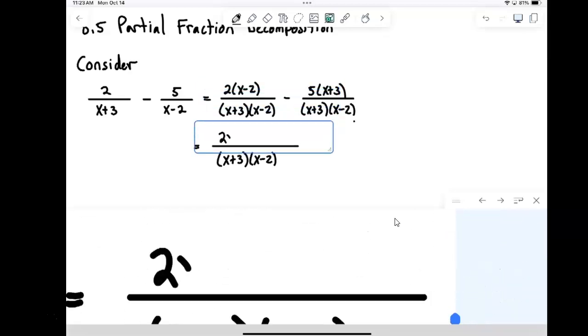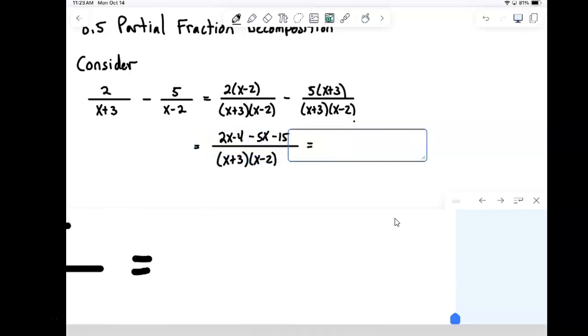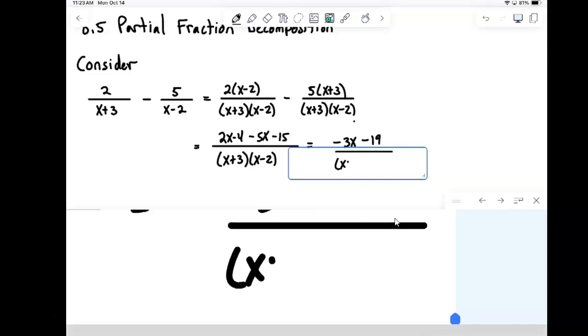We have 2x minus 4 minus 5x minus 15. Okay, and so simplifying, we would get down to the fraction here, minus 3x minus 19 all over x plus 3, x minus 2.